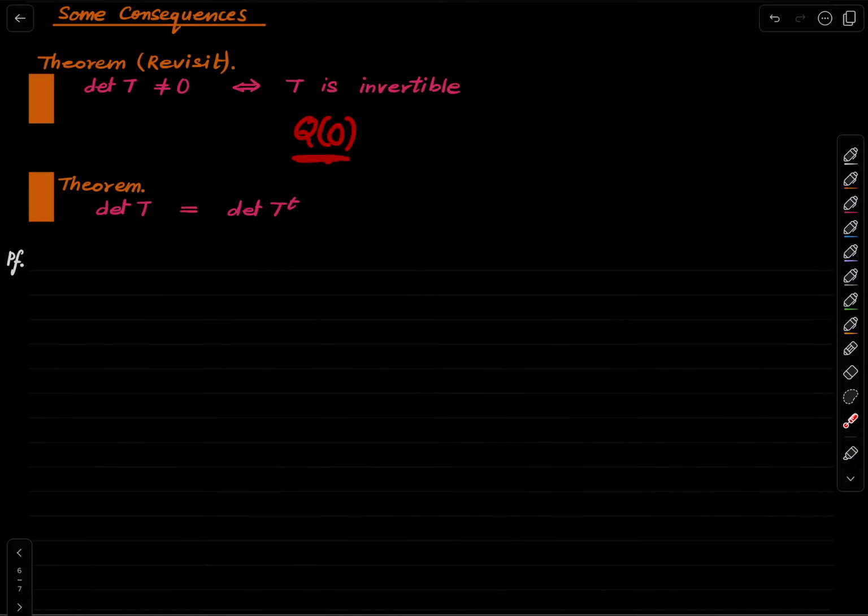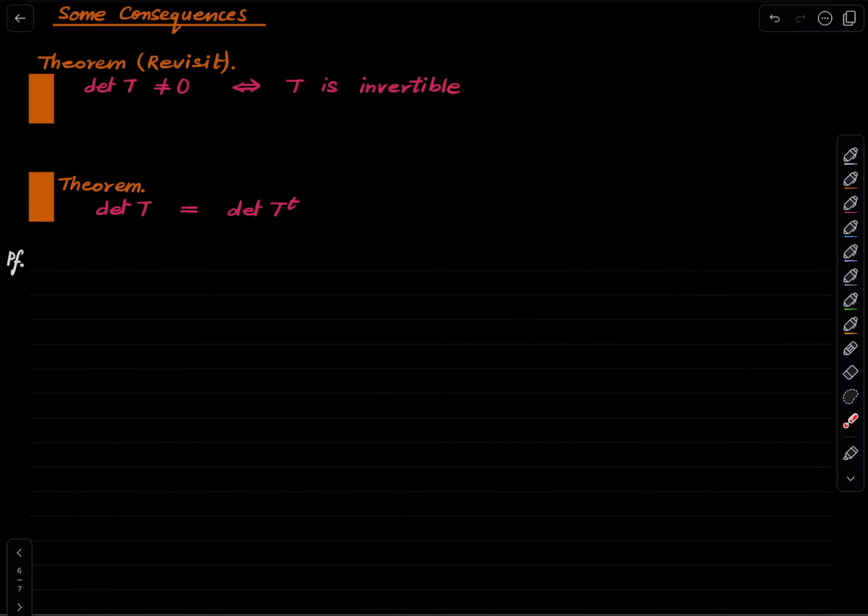But note that the roots of the characteristic polynomial are precisely the roots of the minimal polynomial of T, because the characteristic polynomial and the minimal polynomial have exactly the same irreducible factors. So 0 is a root of the characteristic polynomial of T if and only if 0 is a root of the minimal polynomial of T, if and only if 0 is an eigenvalue of T, if and only if T is not invertible.